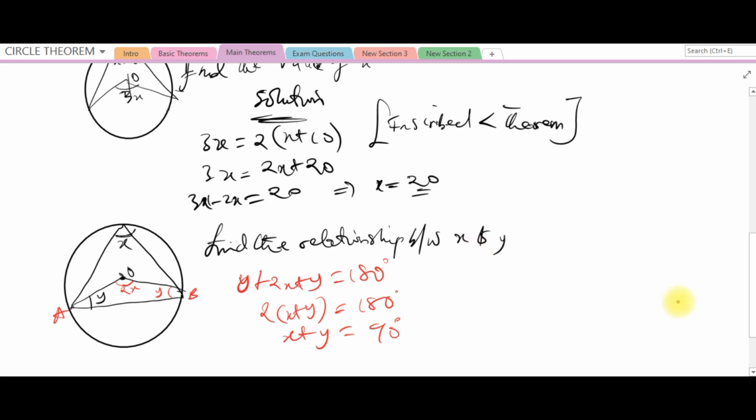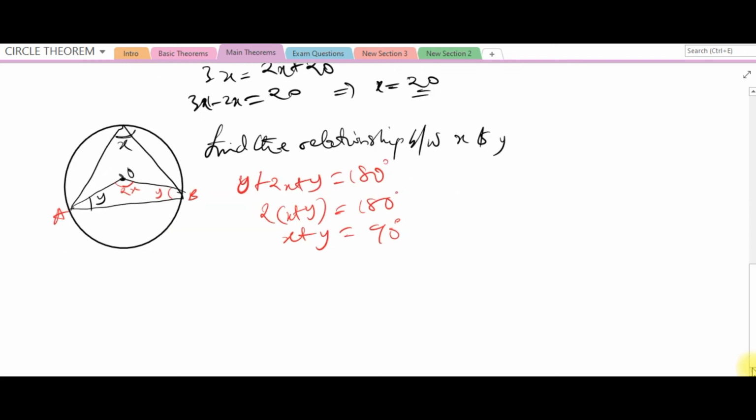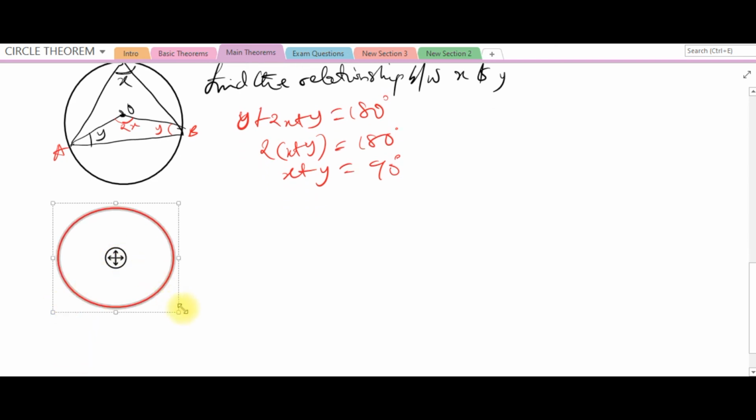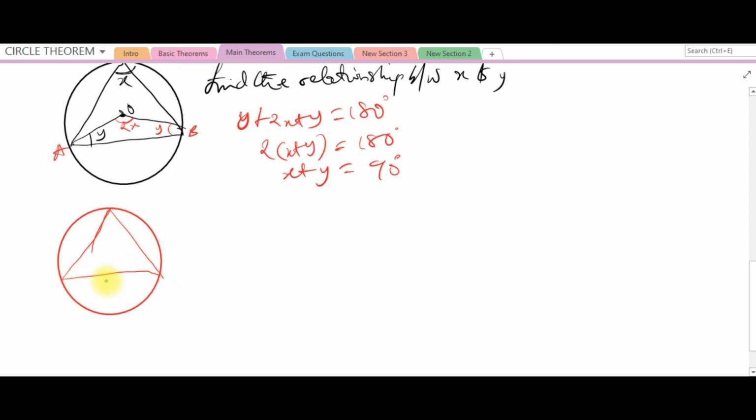So that's the relationship. Whenever you are asked to solve this kind of question, look at this. Assuming they tell us that this is the center, and we are given 30 degrees, and we are asked to find x.